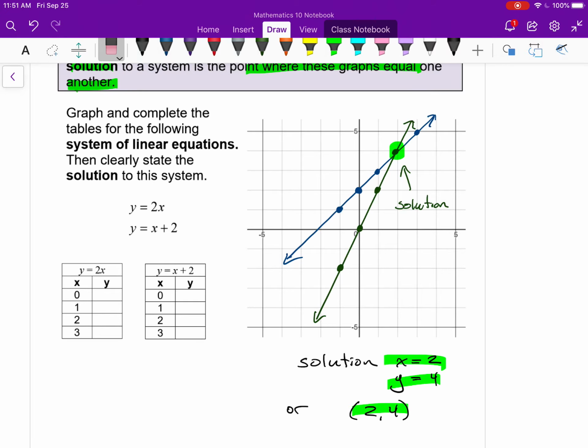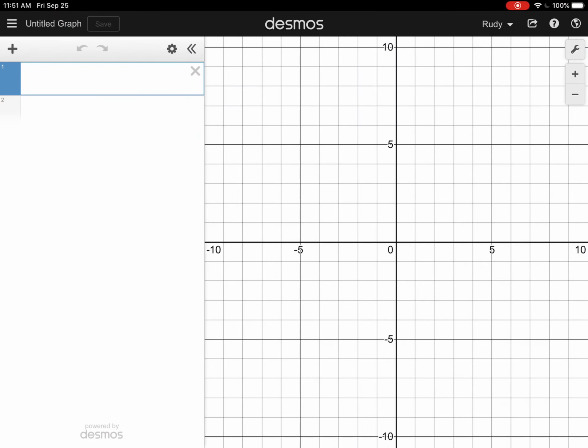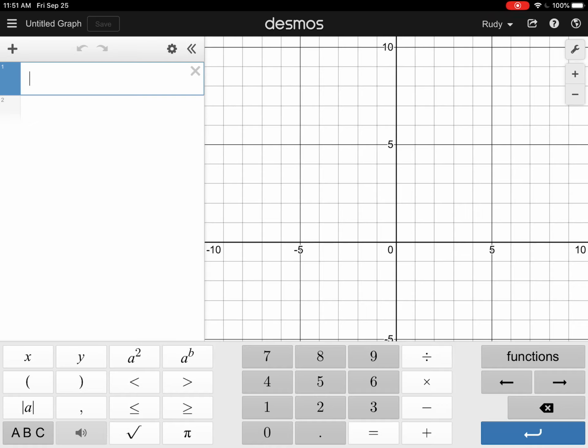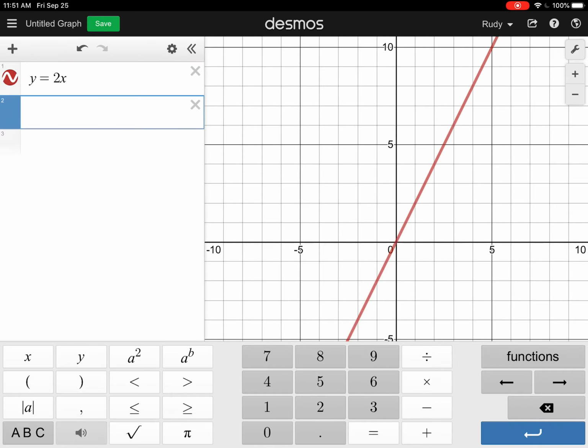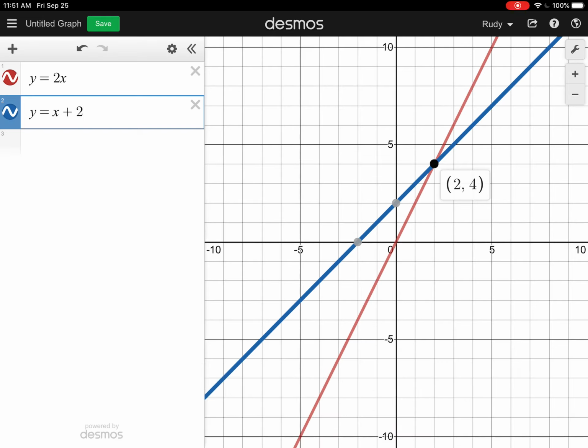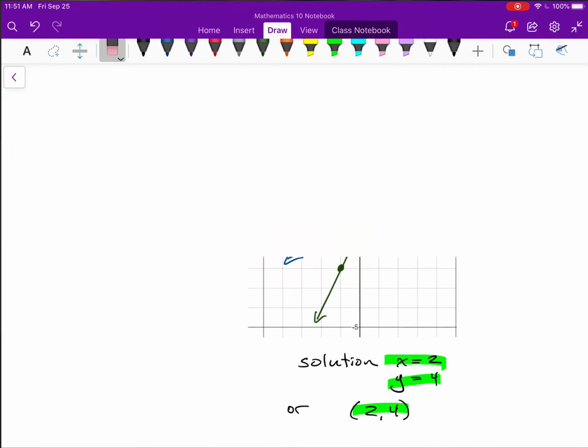For example, if I go to my Desmos app here and type in those two equations, y equals 2x, there's that first line, and the second equation, y equals x plus 2, it just shows it. If I tap my finger on where they cross, it shows me the coordinates of where they intersect, (2, 4). Now in this case, it was pretty easy to visualize them by hand anyways. But again, I do want us to be familiar with Desmos, which is free and really powerful. It's a nice combination. So let me go back to this.